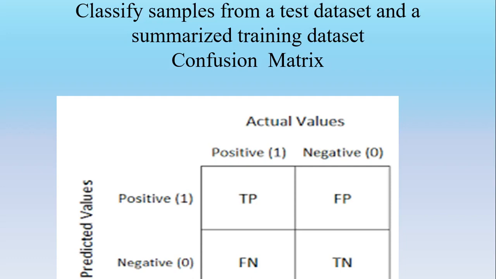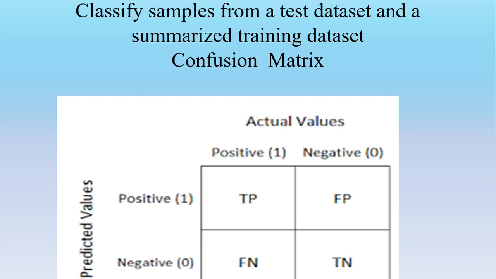TP, that is the true positive, is the count of positive instances which the classifier is correctly able to identify as positive. Then false positive is the count of instances in which the classifier's identification is positive but practically they are negative.